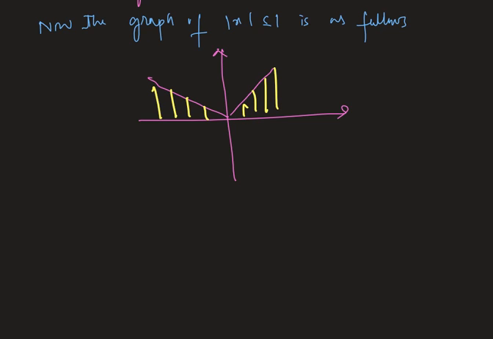So this is the pictorial representation of |x| ≤ 1, and the shaded region denotes this.